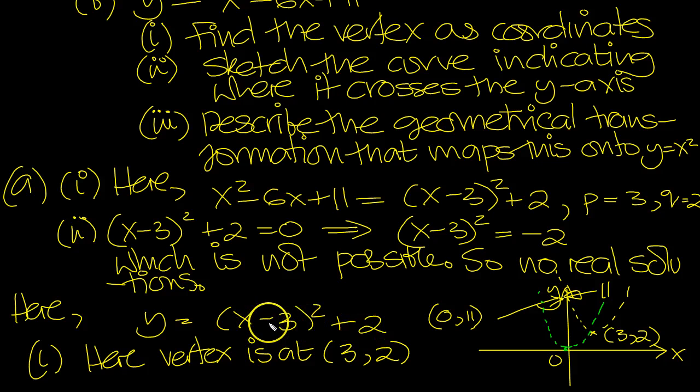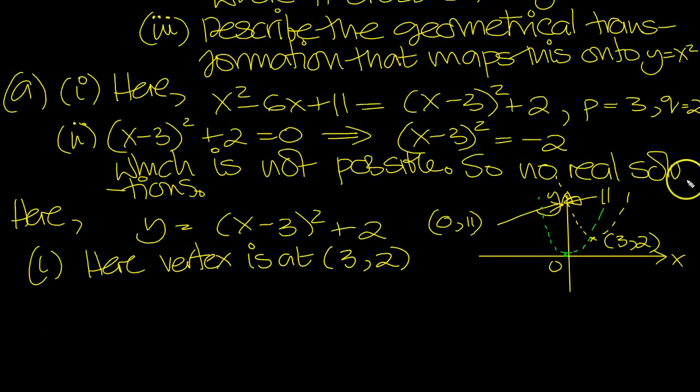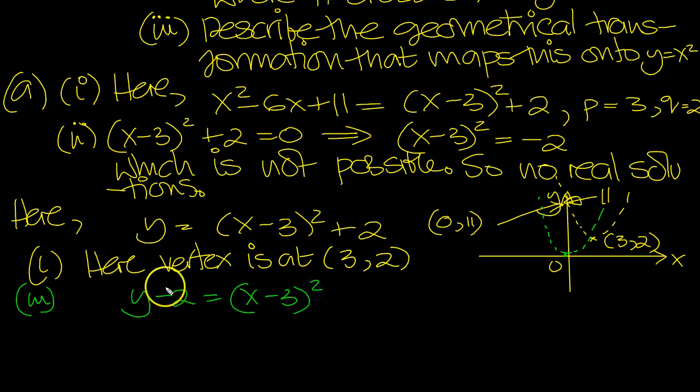So if we shift that forward 3 and down 2, so basically we can see here, part 3, do it in green, y minus 2 is equal to x minus 3 squared. So this could be compared with y equals x squared. So translation, isn't it? It's a translation.